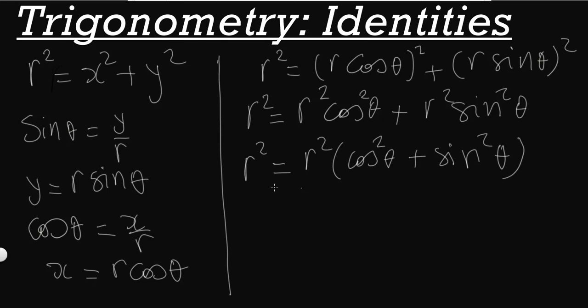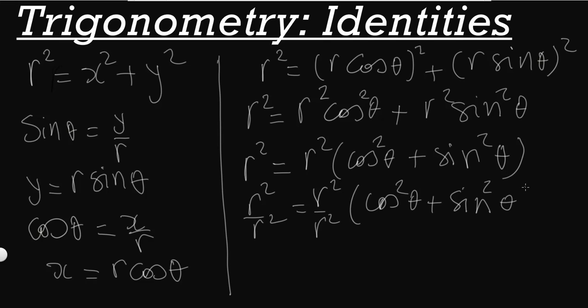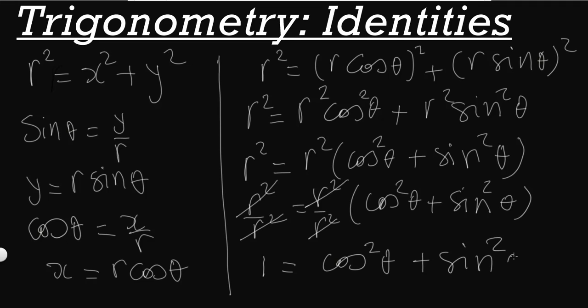We divide this side by r squared, and this side by r squared. You cancel r squared by r squared, we have a 1, so we remain with cos squared theta plus sine squared theta.